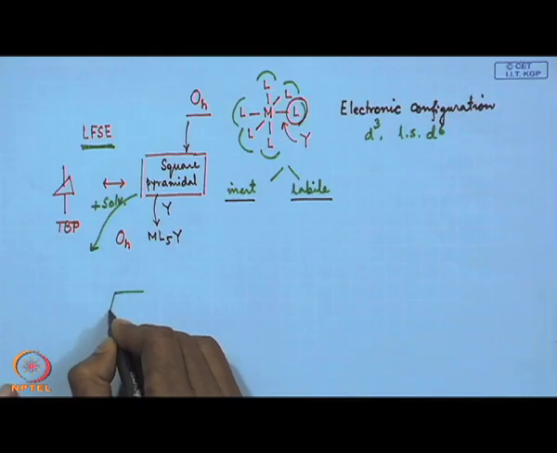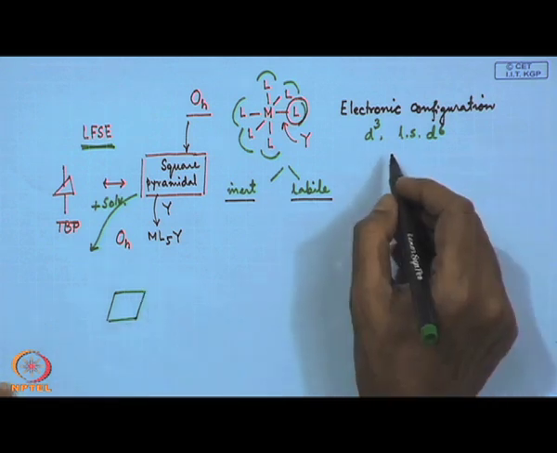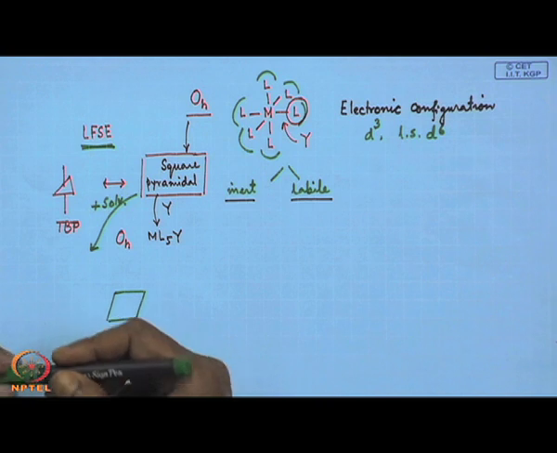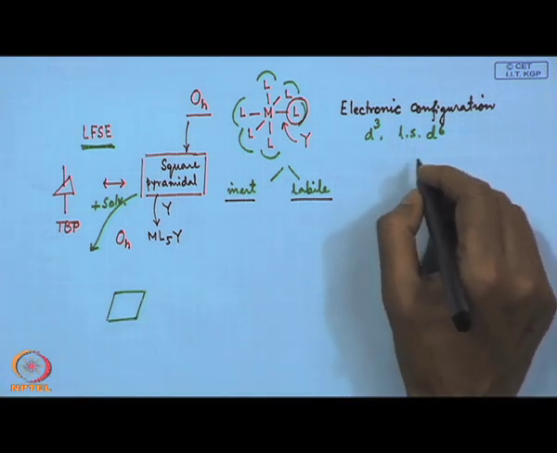So, what we see is that in case of one particular geometry, if we move to a square planar geometry, and these particular geometries are very important because we have considered this particular electronic configuration which is substitutionally inert, that means low spin d6.